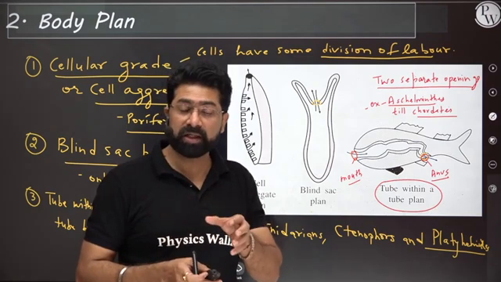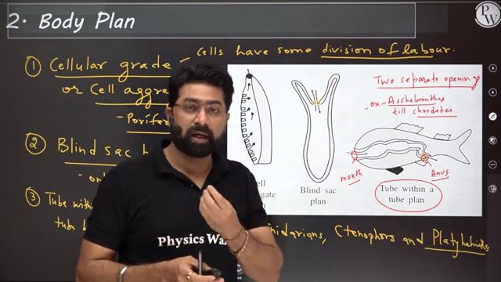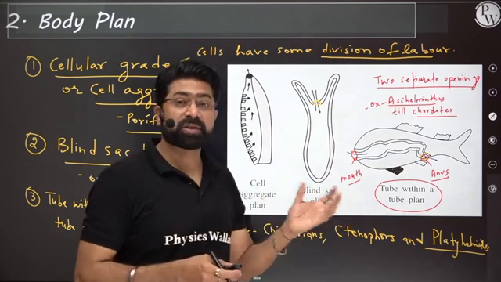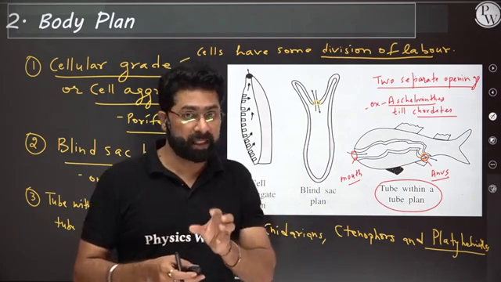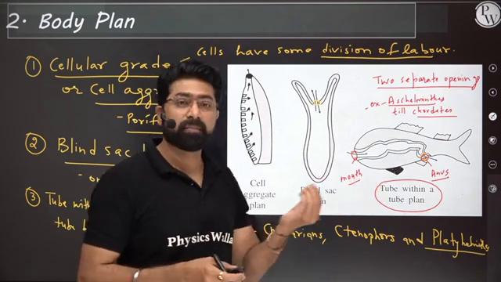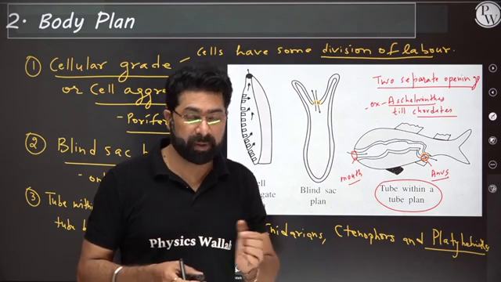You will study the gastrula stage in embryonic development, where you will see the morula, then blastula and gastrula stage. In the gastrula stage, you will see there is some structure called archenteron, that is the primitive gut developing.